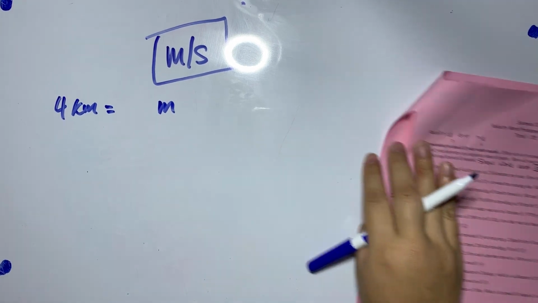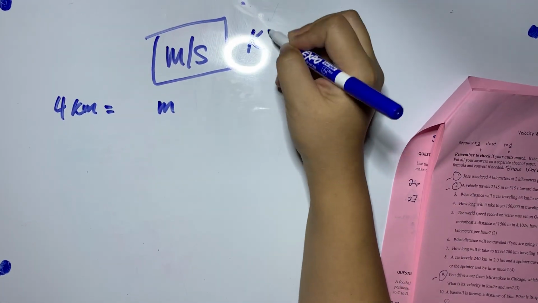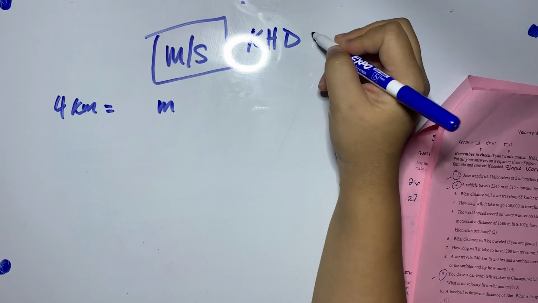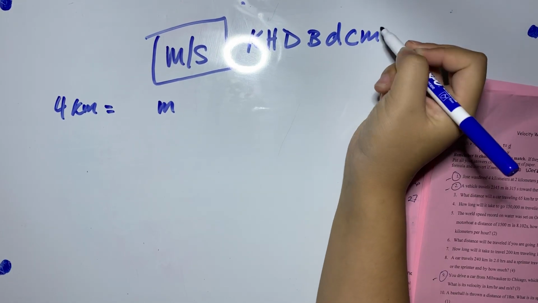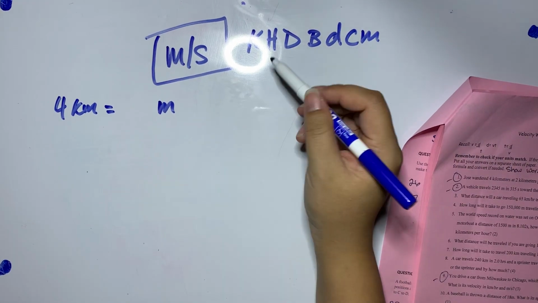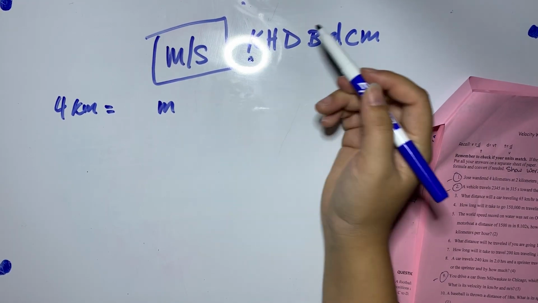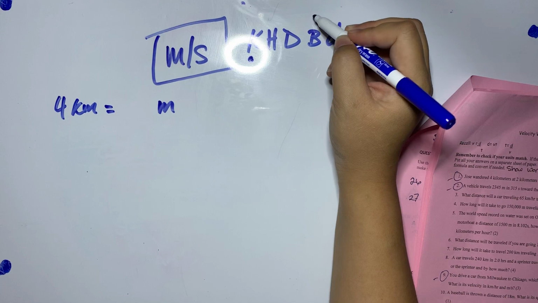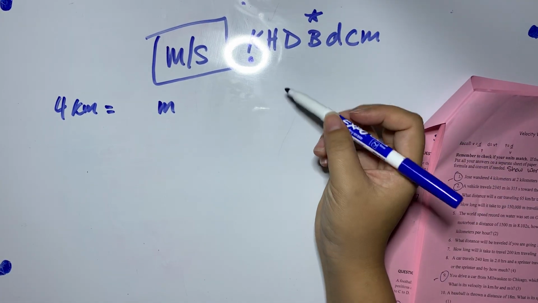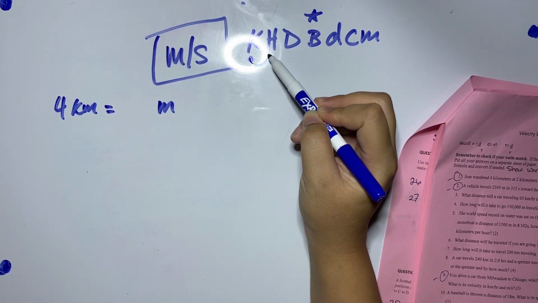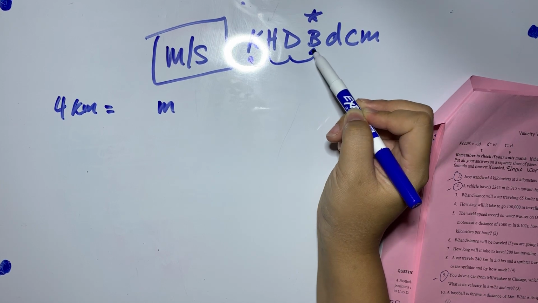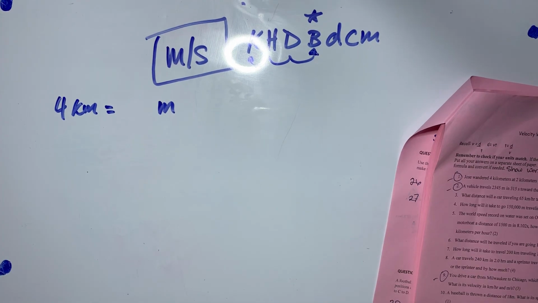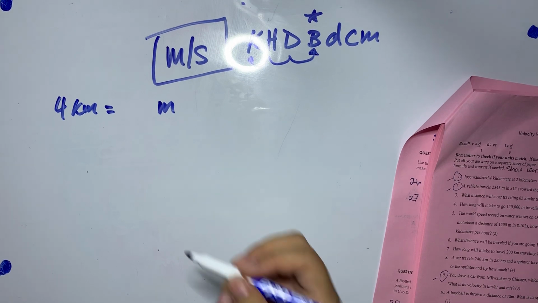So remember the acronym. King Henry died by drinking chocolate milk. So, kilometers, that's over here, okay? I'm trying to get to meters, which is my base. So I have to move my decimal point 3 times, to the right.